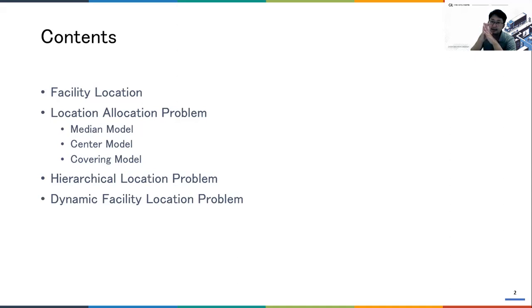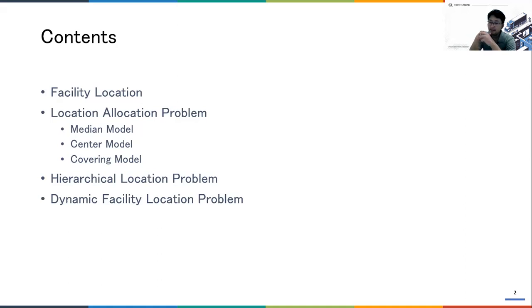And the rest of it, there are a lot of extensions from these particular problems. Perhaps like one that I will discuss today, so-called hierarchical location problems. And then when you consider the nature of this type of problem in real cases, for example, the demand might be uncertain, and the travel distance from one facility to another.